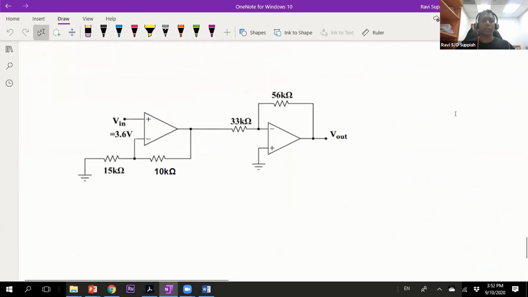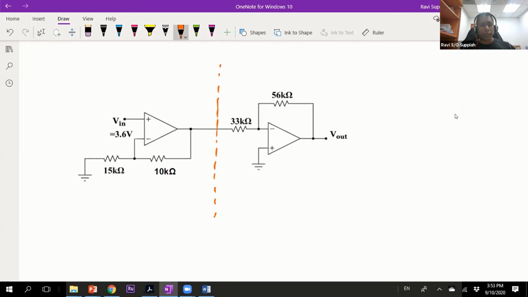When you have cascading op amps, you can analyze each op amp configuration by itself and then combine the effects together. You don't need to look at it as one big circuit at the same time. You can break it up into multiple subsections, and then look at the overall effect at the end.